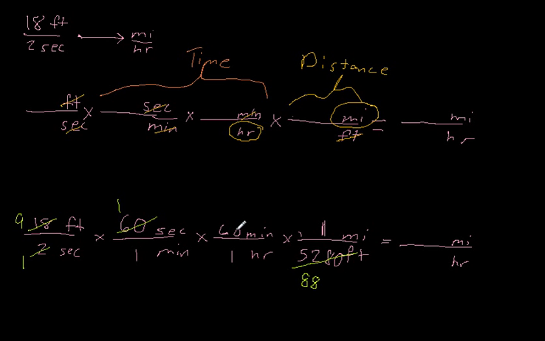And if I were to cancel this out and divide both by 2, if I pulled a factor of 2 out of each of them, I'd end up with 30 and 44.